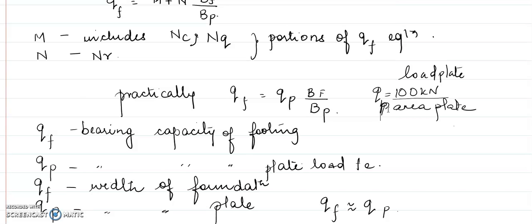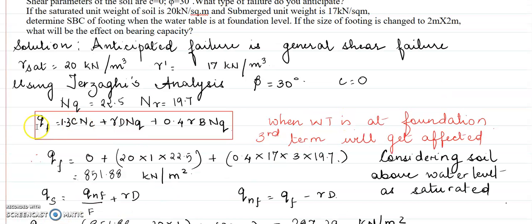So from here you get the value of qf, you substitute that qf in your equation. You will get the right hand side, and then the question may be like, derive what should be the value of the width of the foundation. So you will put the right hand side and you will get the approximate value of the width of the foundation. This is how the problems have been formulated.